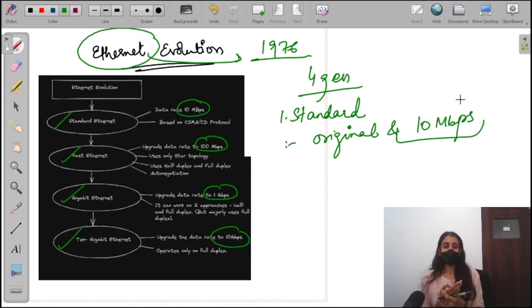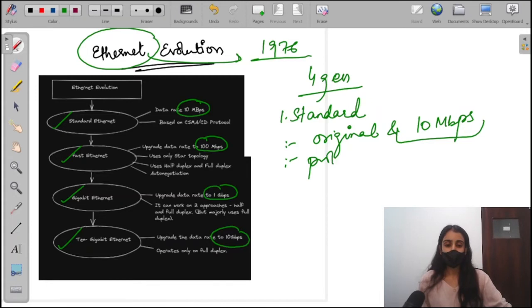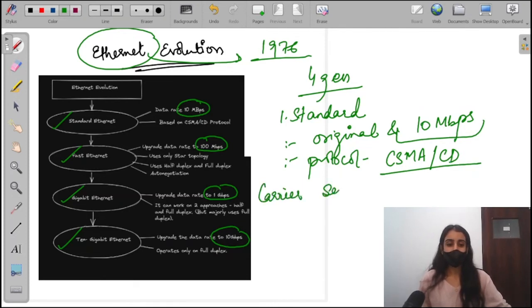As we all know, it is history today. So why are we learning about this? So that we can get a better understanding of the rest of the three Ethernets that were introduced after that. This standard Ethernet used to work on a protocol known as CSMA-CD, which stands for Carrier Sense Multiple Access with Collision Detection.